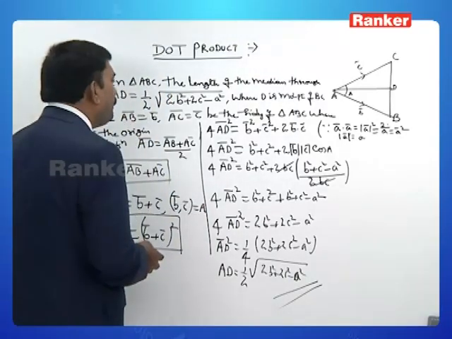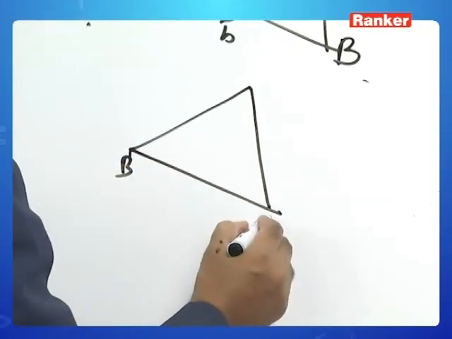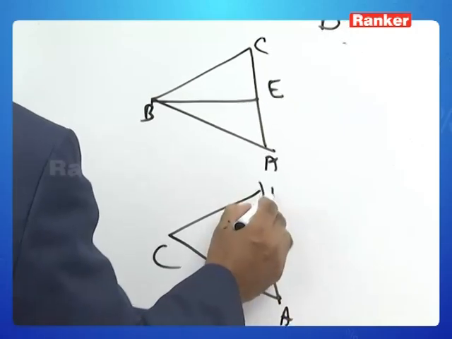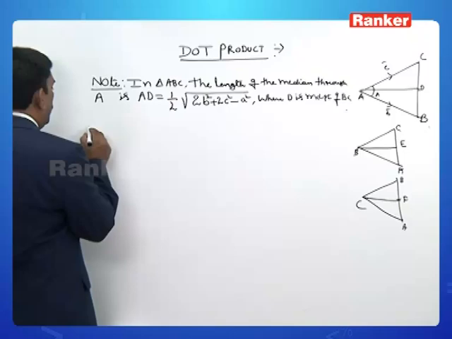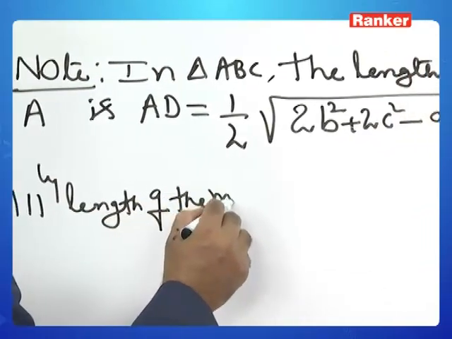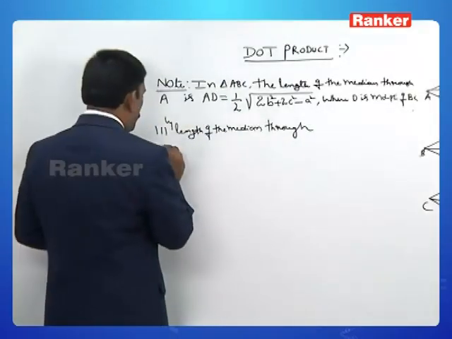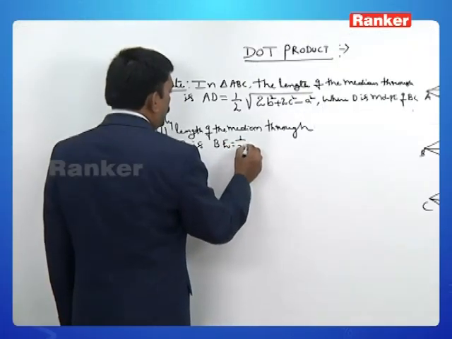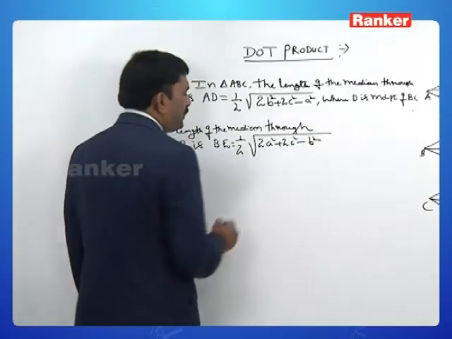Let us see the length of the median through B. Now similarly, the length of the median through B, the second one, is BE equal to half into square root of 2a square plus 2c square minus b square.